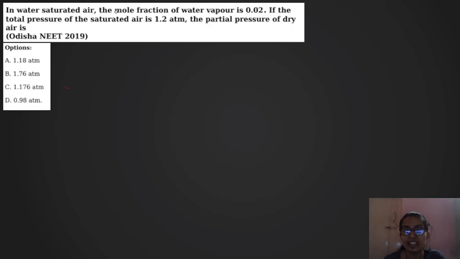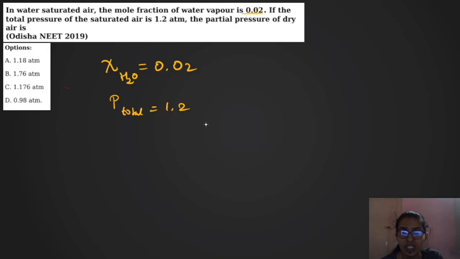In water saturated air, mole fraction of water vapor is 0.02. So just write on the given part, mole fraction of water is 0.02. If the total pressure of saturated air is 1.2 atm, so what they have given? Total pressure is 1.2. The partial pressure of dry air is? So the question here is to find out partial pressure of air. And again, this is related to ideal solution only, right?